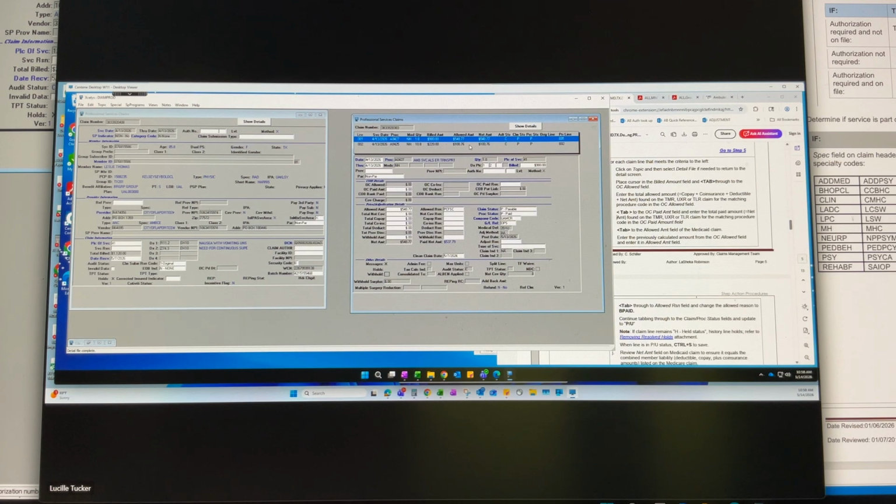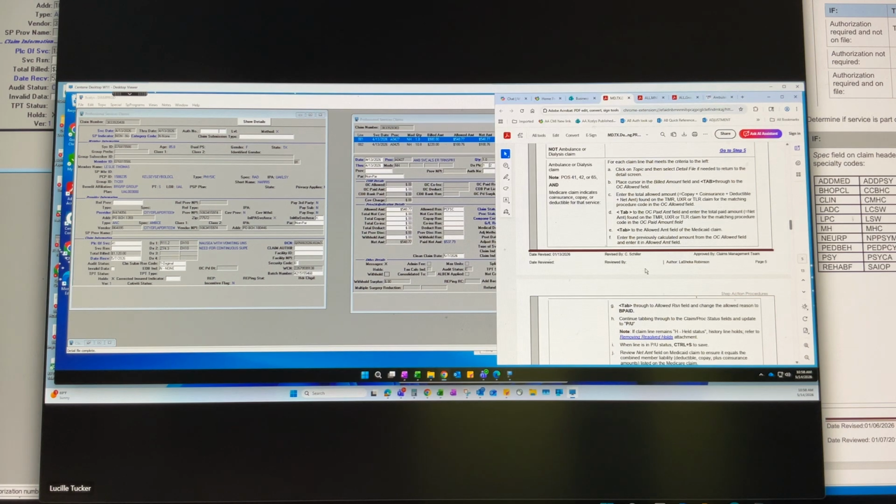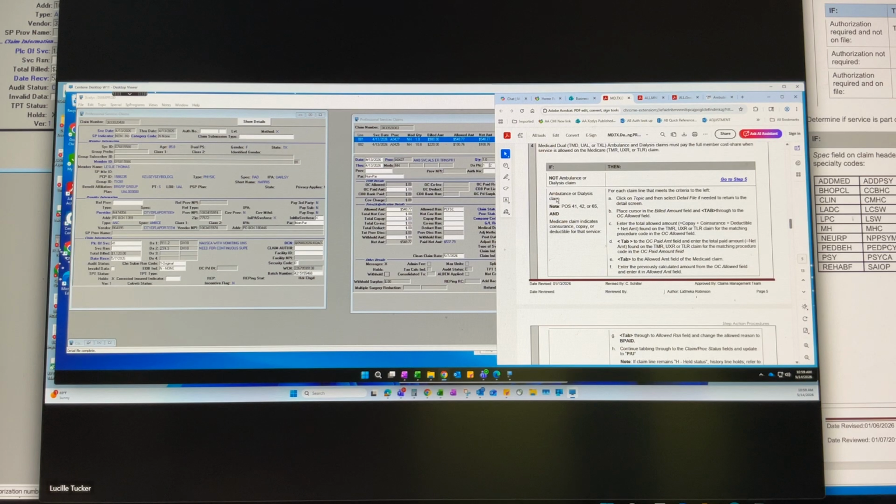The Medicare claim where they paid, but they paid the full PR. There's no PR here. So now I need to figure out what I need to do. My first scenario says it's not an ambulance or dialysis, so I would go to step 5.